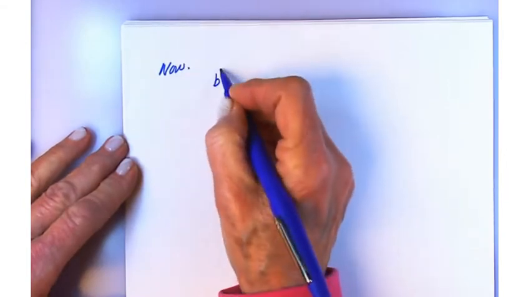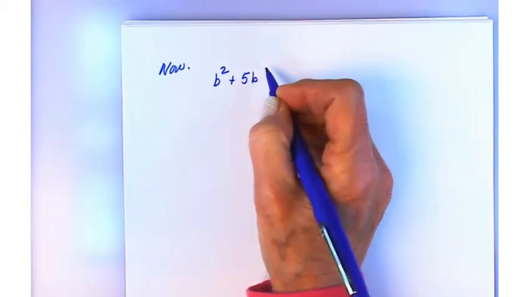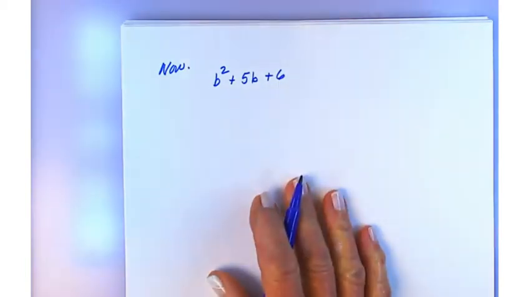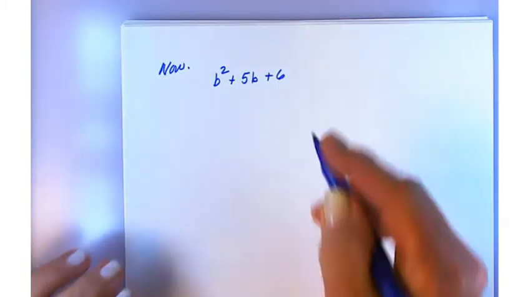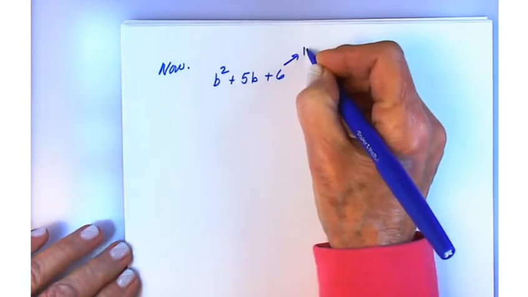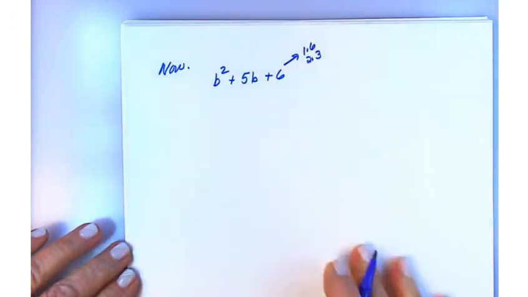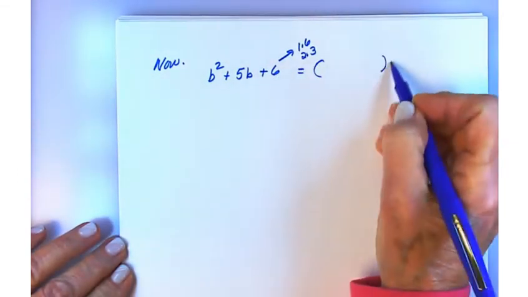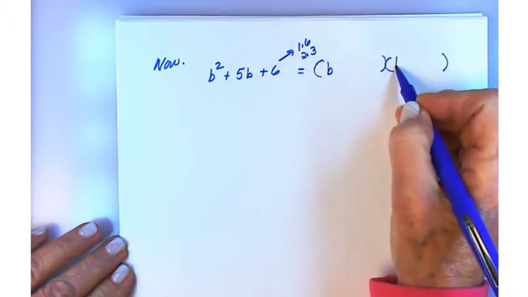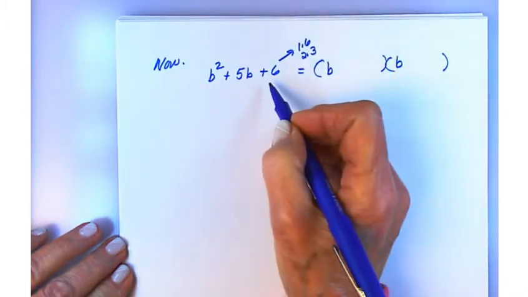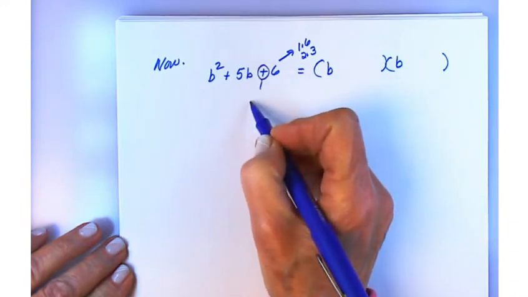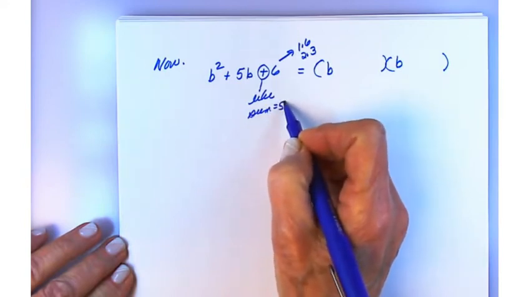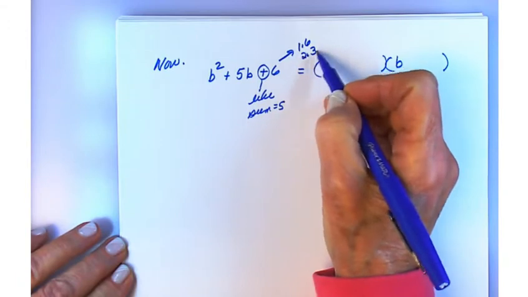Let's look at b squared plus 5b plus 6. So I'm choosing a number now that is not prime. And my factors are 1 and 6, 2 and 3. So I'm going to have two scoops, B and B. I look at this sign, my signs are like, so I need a sum equal to 5. 2 plus 3 is 5.